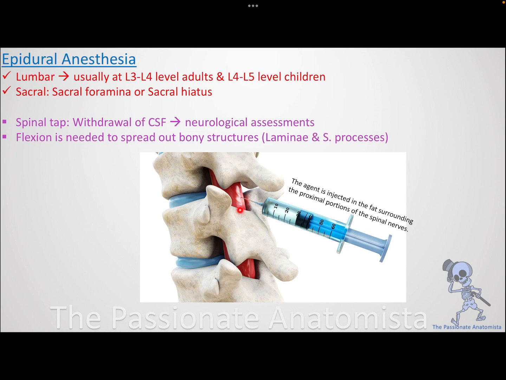You don't want to injure the spinal cord. Of course, this is not the spinal cord. And also, if you want to do injection and put anesthetic agent, you also need to be away from the spinal cord because you don't want to injure it. And yeah, so the level should be L3 or L4, and L4 and L5 in children because the spinal cord of the children is at a lower level than ours.